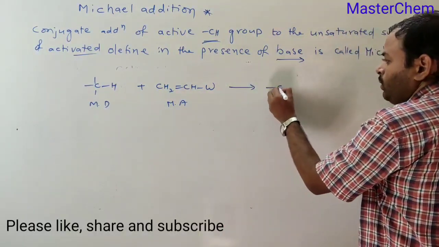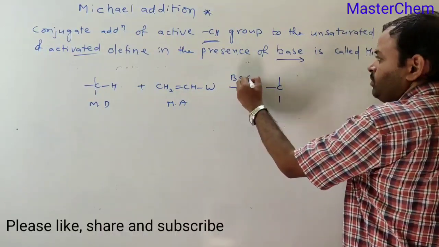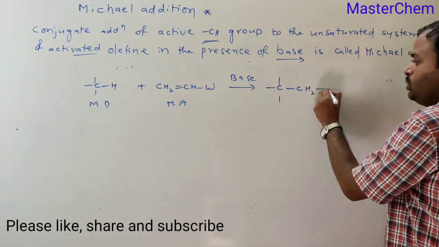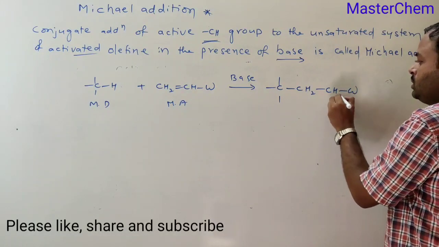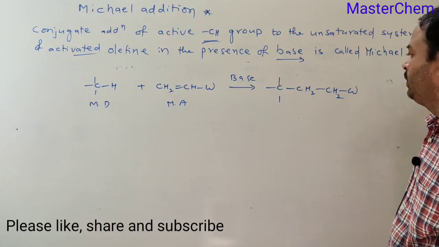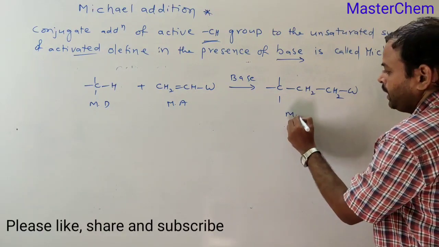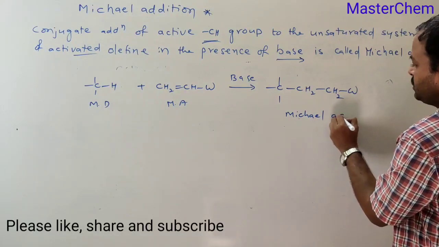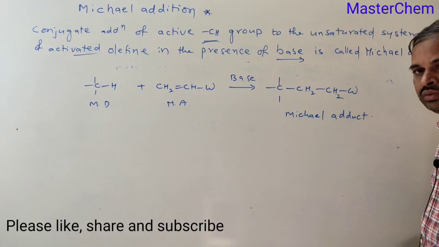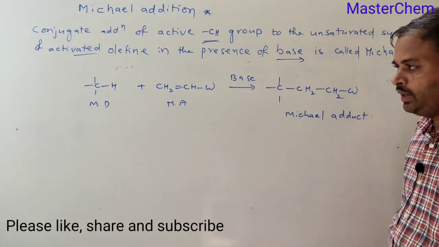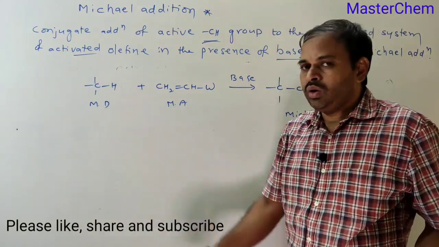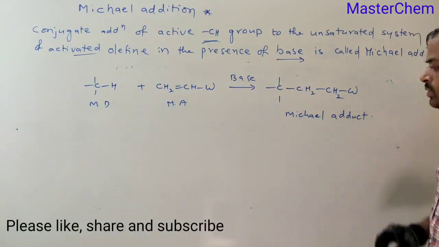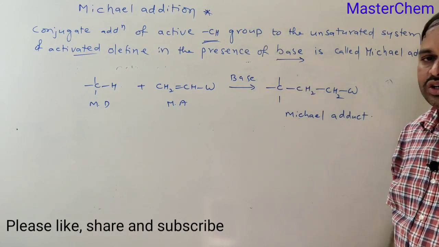And what is the resultant in the presence of base? CH2 CH2 W. This is called the Michael adduct. The Michael addition product is called the Michael adduct. So simply, the Michael donor reacts with the Michael acceptor in the presence of base to give the Michael adduct. That is the Michael addition reaction.